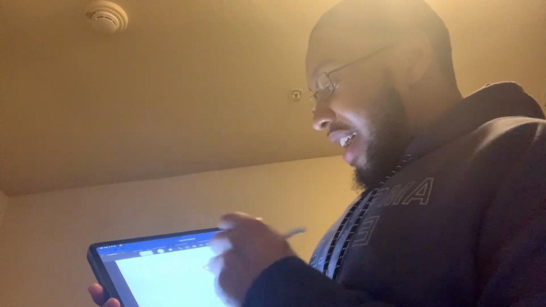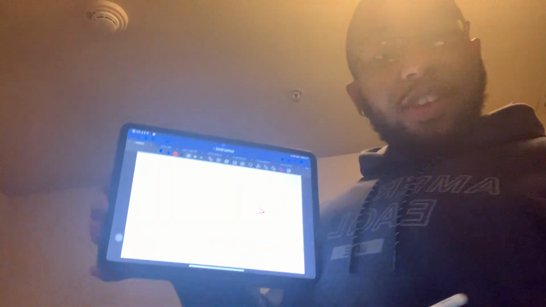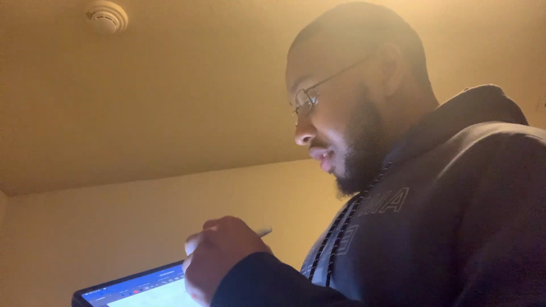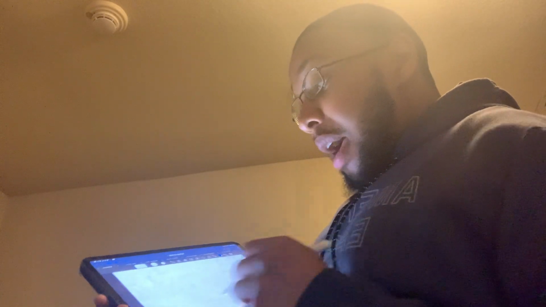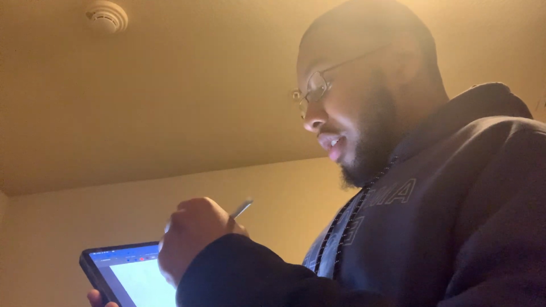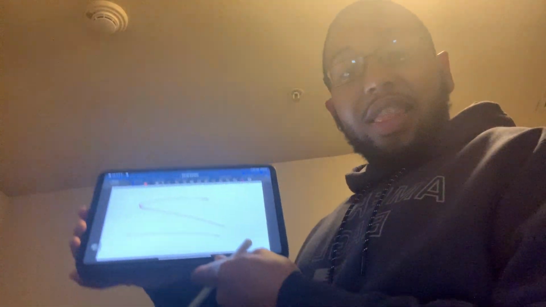My signs aren't perfect. Next, we have the less than sign right here. Then you have the less than or equal to sign. You also have the opposite of that, the greater than or equal to sign. That line under it gives you that "or equal to" part of it.